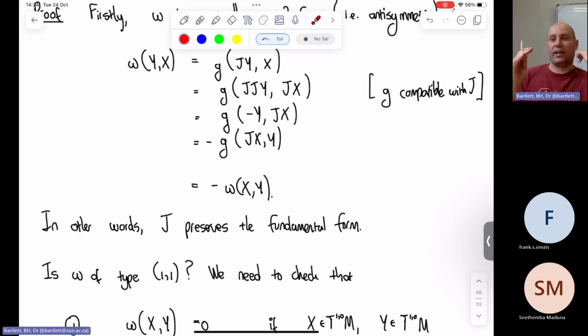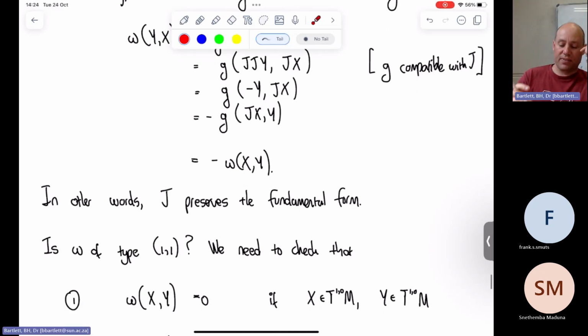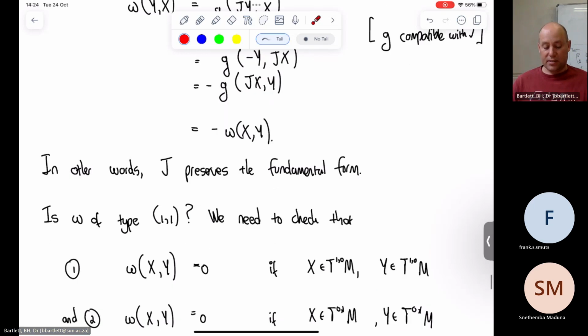Okay, so if you want to check that something is a 1,1 form, I need to check that if I feed it a vector of type 1,0 and another vector of type 1,0, I must get 0. In other words, it's only going to be non-zero potentially where I feed it a vector that's of type 1,0, and then y must be of type 0,1.